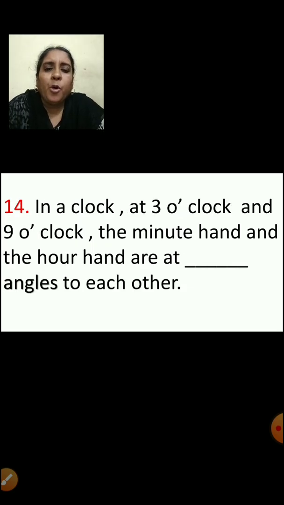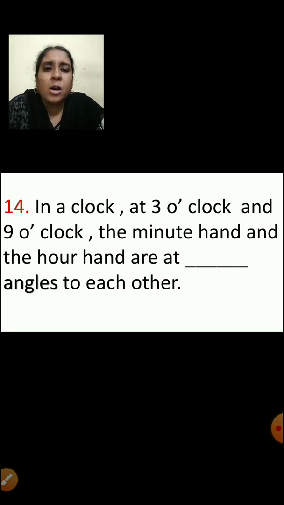Now 14th question. In a clock at 3 o'clock and 9 o'clock, the minute hand and the hour hand are at dash angles to each other. Pay attention, I am repeating the question.